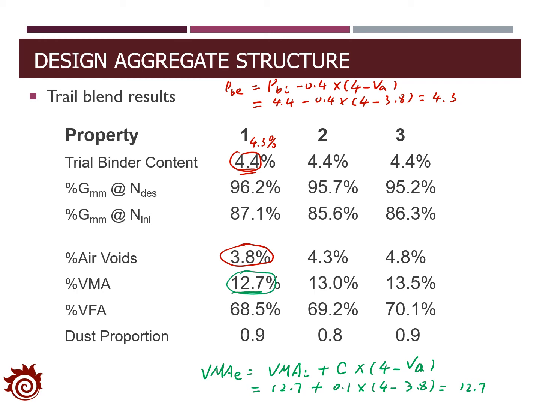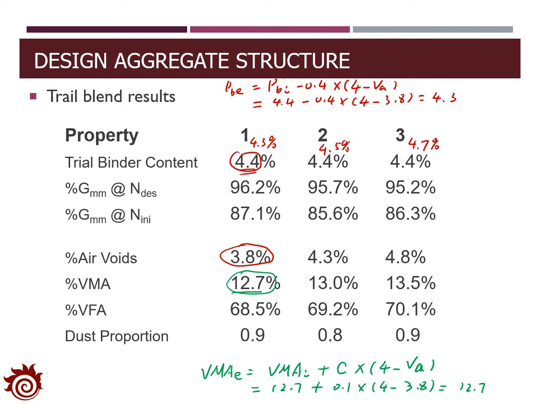And you can apply the similar calculation for trials 2 and 3. With that, we will have the asphalt content for trial 2 as 4.5%, and trial 3, 4.7%.